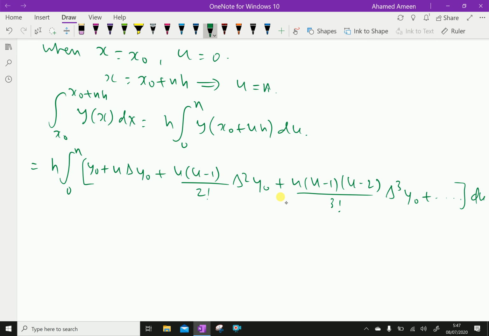Here h is common, and we are integrating all terms with respect to du.